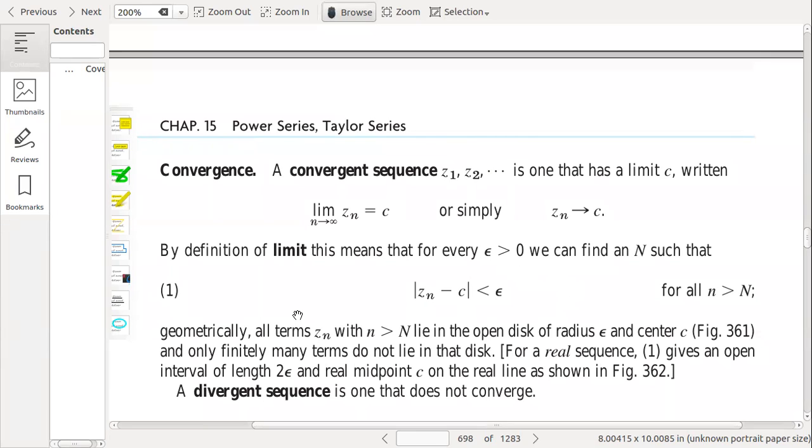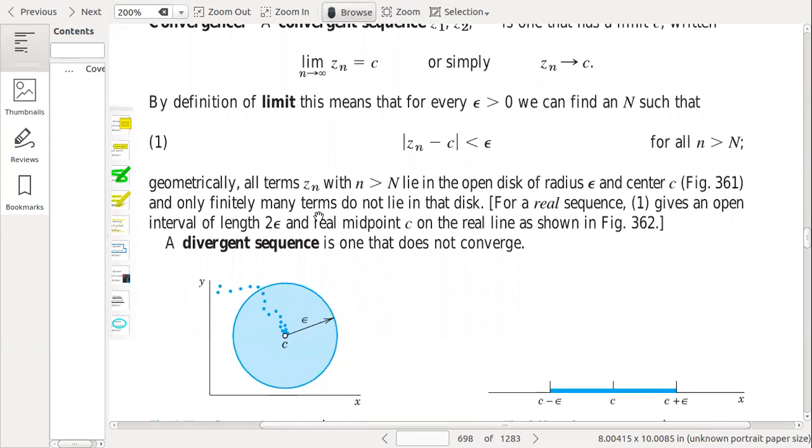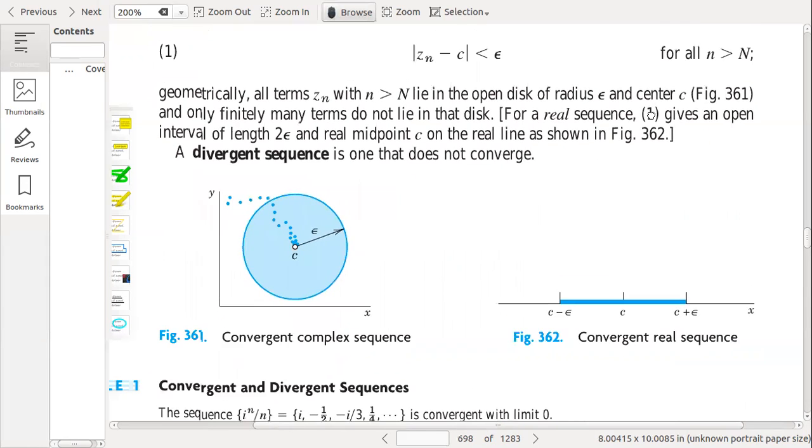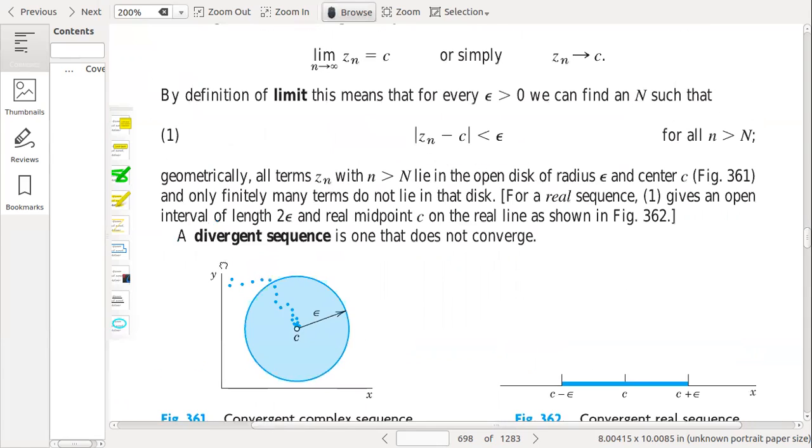By definition of limit, for every epsilon greater than 0, we can find an N such that the absolute value of Zn minus C is less than epsilon for all n greater than a fixed number N. Geometrically, all terms Zn with n greater than N lie in the open disk of radius epsilon and center C. See, for example, this figure 361, and only finitely many terms do not lie in that disk.